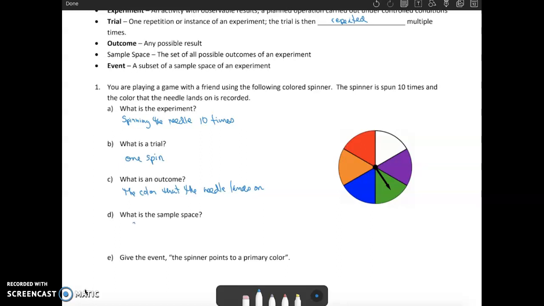The sample space is usually called capital S, and it's written in braces, which indicate that it's a set. And then you write down every possible outcome. So in this case, all the possible outcomes would be red, white, purple, green, blue, and orange. And that would be all of them.